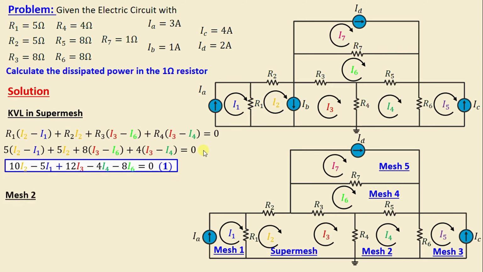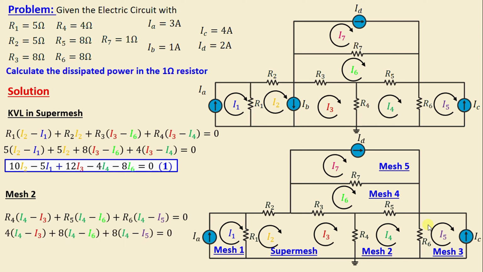Let's go now to mesh 2. By applying KVL in mesh 2, we can write R4(I4 minus I3) plus R5(I4 minus I6) plus R6(I4 minus I5) is equal to 0.